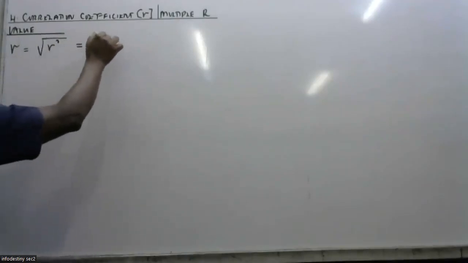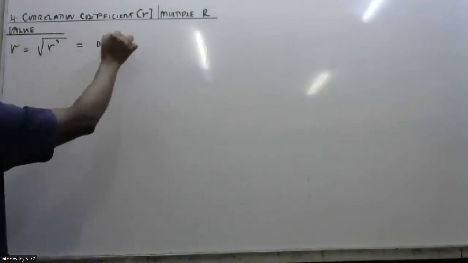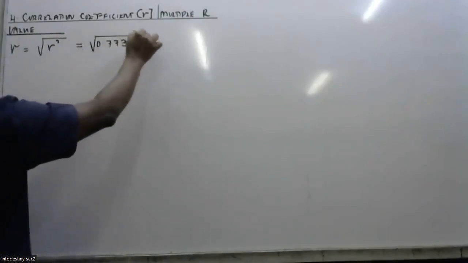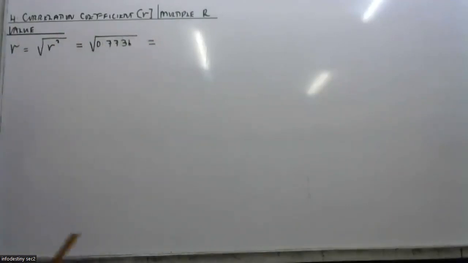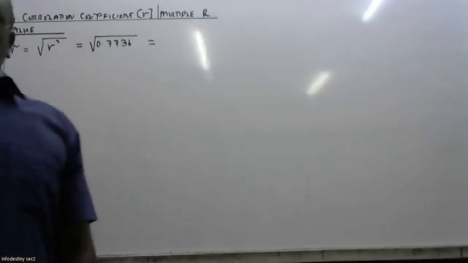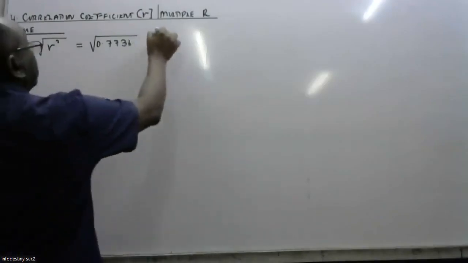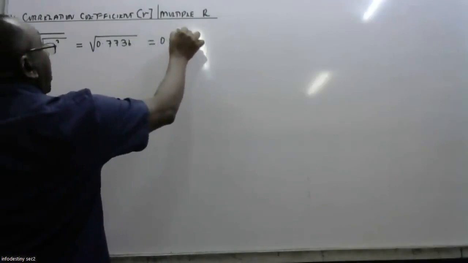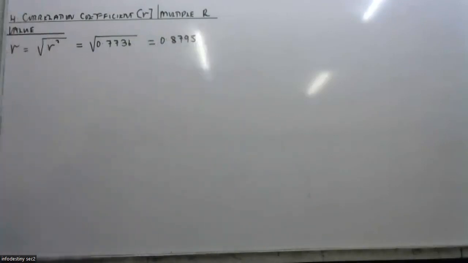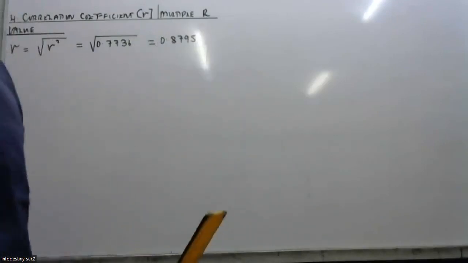We said it is 0.7736. That was our R. So give me the square root of that. It is 0.8795.